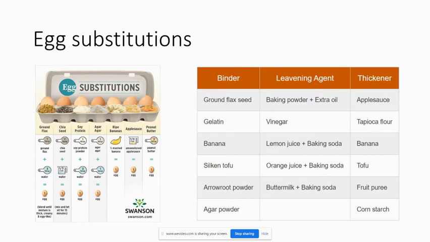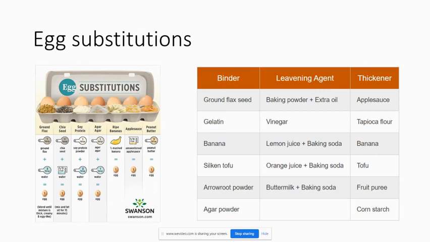One important thing, though, is to get the volume of the egg and the moisture content, the amount of water, to be somewhat equal if you are substituting for eggs. So the diagram on the left shows some common substitutions and how much of them need to be used to equal the volume of one egg.